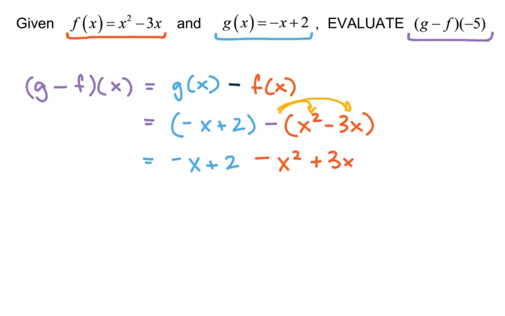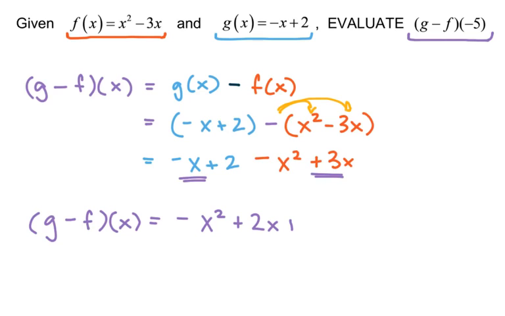At this point, we can combine like terms. I've got 3x minus x, and this would simplify. G minus f of x is negative x squared, negative x plus 3x is plus 2x, plus 2.